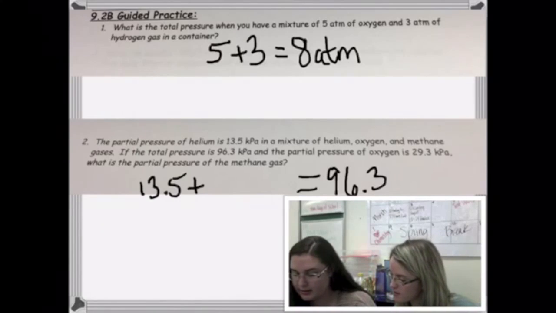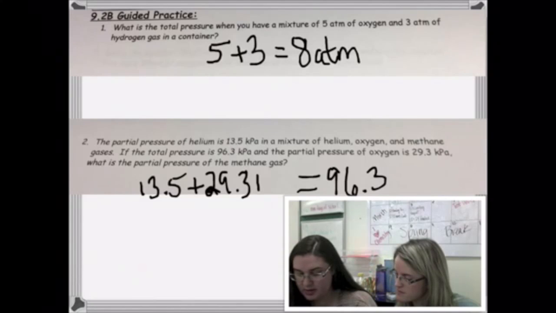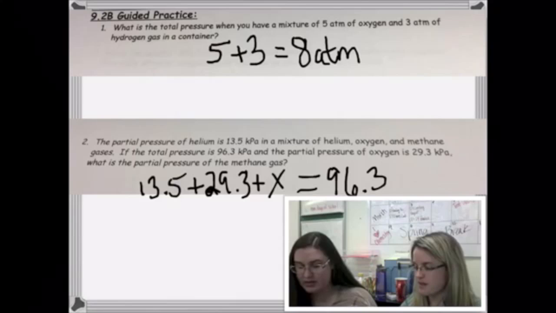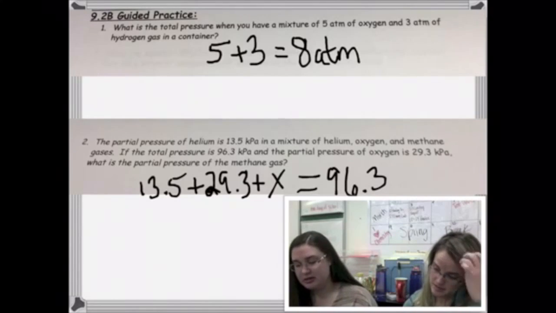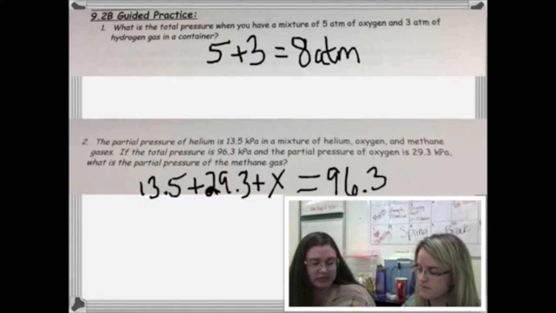I also have an oxygen pressure of 29.3, but it doesn't give me my methane, so I have an unknown. You can put an X, you can put a P for methane pressure, whatever. I need to figure out what's missing.